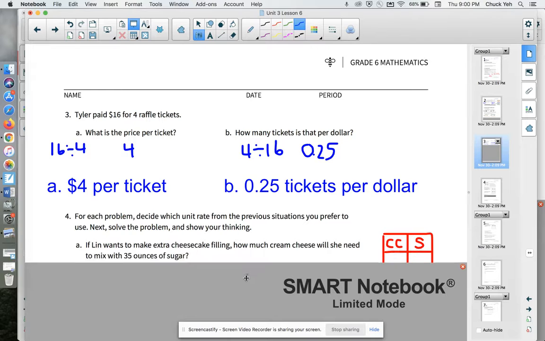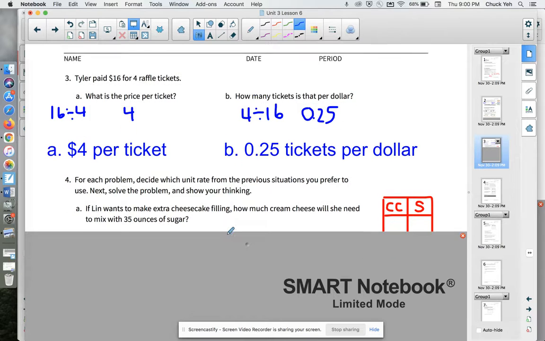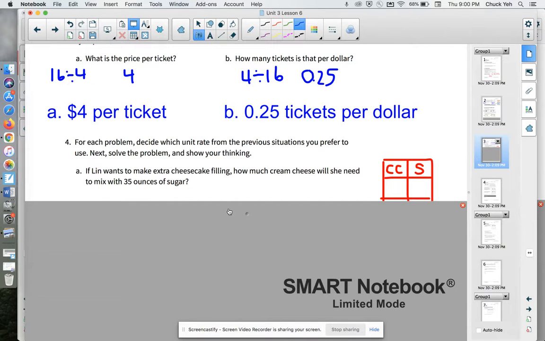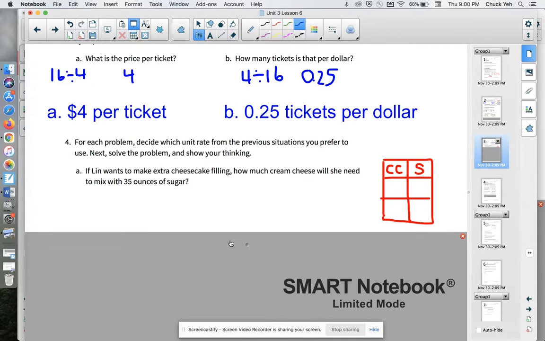Number 4, for each problem, decide which unit rate from the previous situations you prefer to use. Next, solve the problem and show your thinking. If Lynn wants to make extra cheese filling, how much cream cheese will she need to mix with 35 ounces of sugar? I'm going to draw a table with cream cheese and sugar.